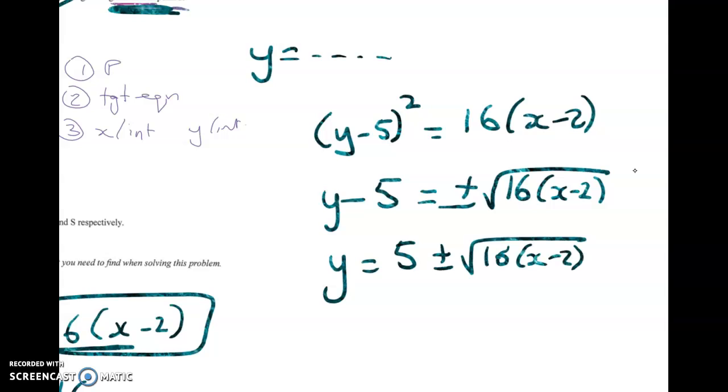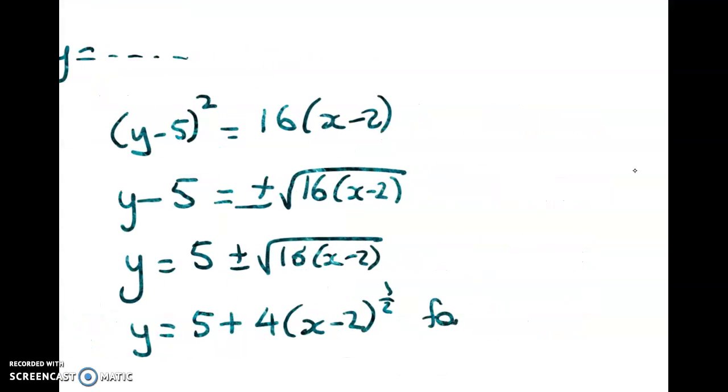But we know that we want the top branch. So our part, where point P is going to be, is y is equal to 5 plus 4 root x minus 2, and I'm going to write that with a fractional power. Sorry, that shouldn't say plus or minus anymore. That should just say plus for top bit of curve.